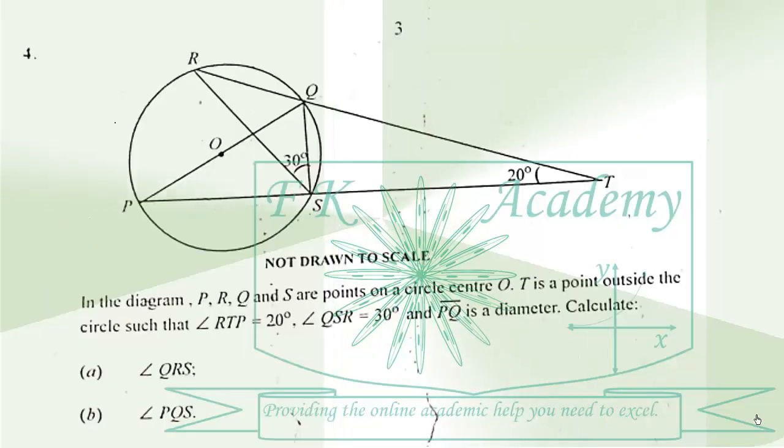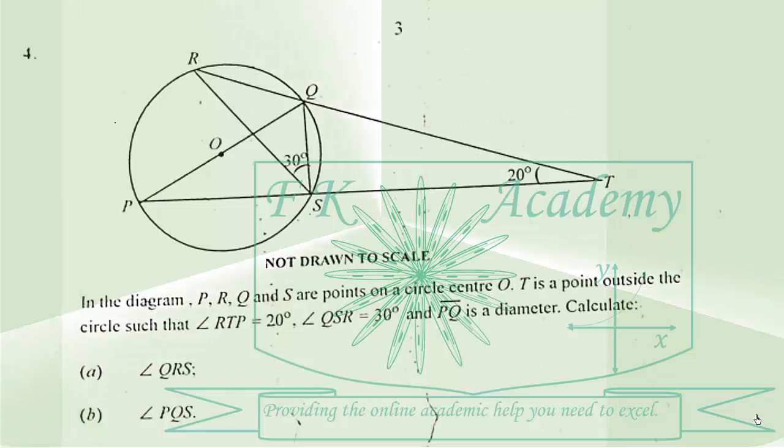Question number 4 is on plane geometry 2. In the diagram, P, R, Q, and S are points on a circle, center O. T is a point outside the circle, such that angle RTP is 20 degrees, angle QSR is 30 degrees, and line segment PQ is a diameter.